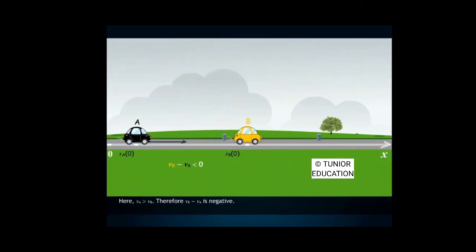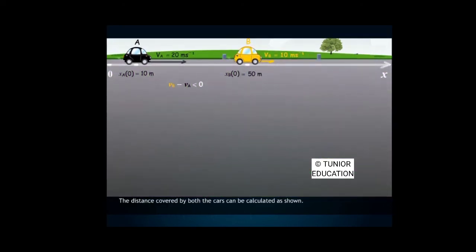When object A moves with a greater velocity than object B, here VA is greater than VB, therefore VB minus VA is negative. Let VA equals 20 meters per second and xA at time 0 equals 10 meters. VB equals 10 meters per second and xB at time 0 equals 50 meters. The distance covered by both the cars can be calculated as shown.